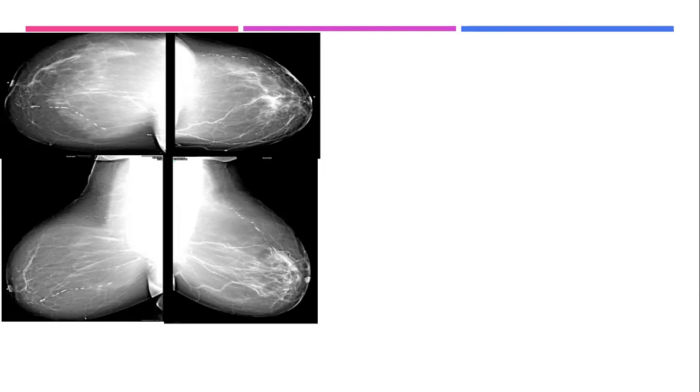The skin at the lateral part of the left breast is thickened, focal thickening of the skin. Yes, there is focal thickening, expected, and the ulcer was at about 3 o'clock. So this is the expected location of the ulcer.